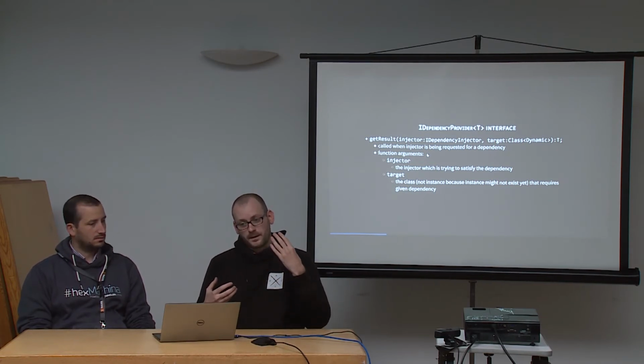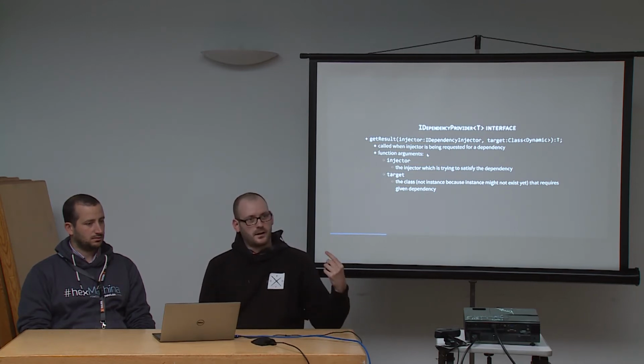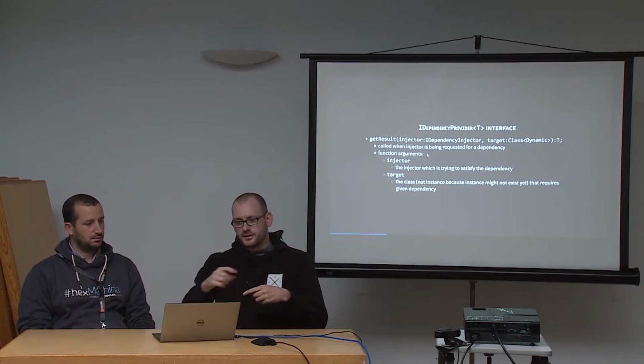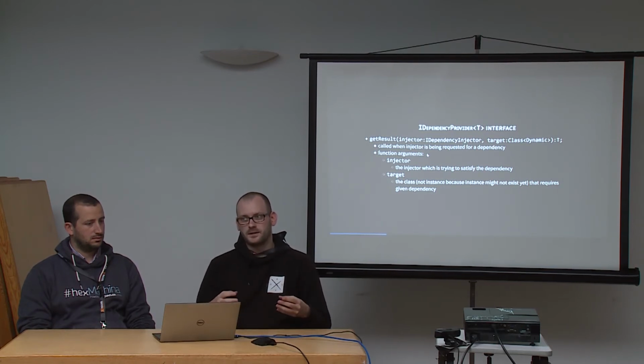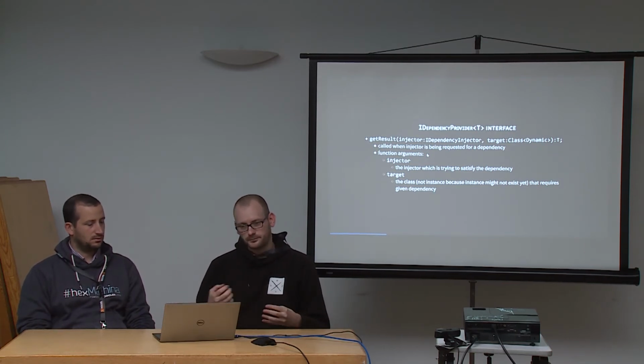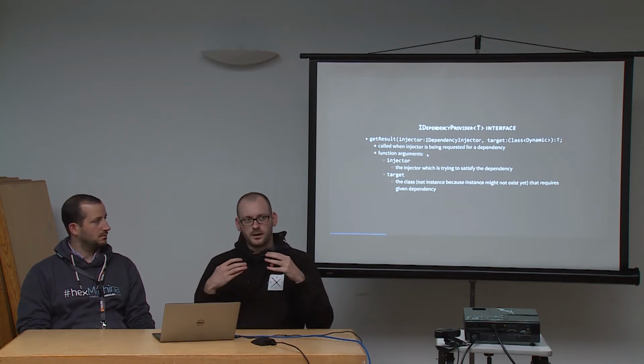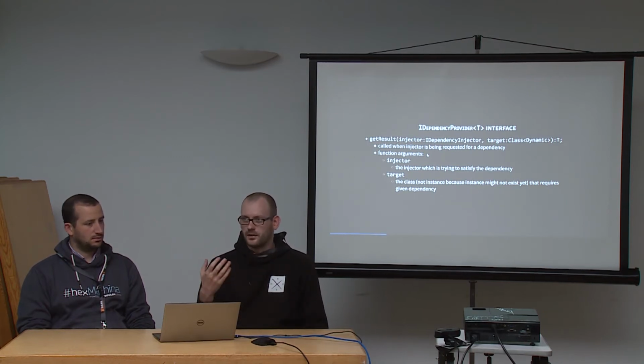For example, the reason why you're getting injector is because since you're mapping it as instance, you can have one provider in multiple injectors, and all of them will just supply themselves in case you need some additional objects for constructing the object you want to supply. So for example, the singleton dependency provider will construct dependencies of the singleton that it will build from the injector that is supplied here in this argument.